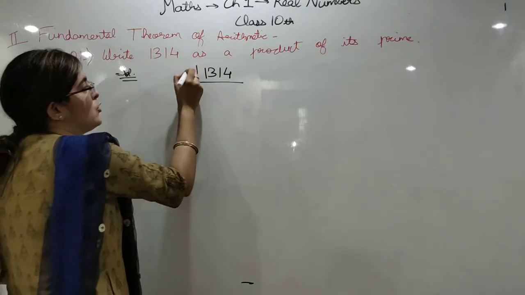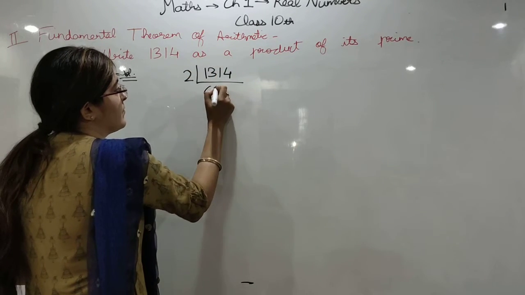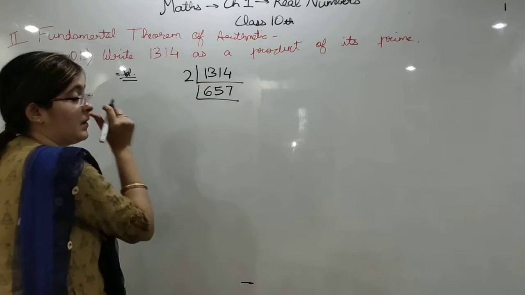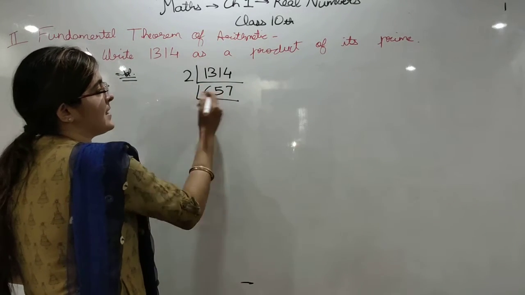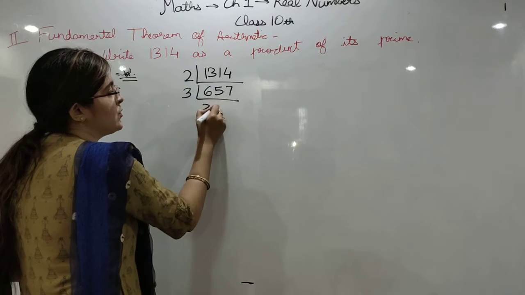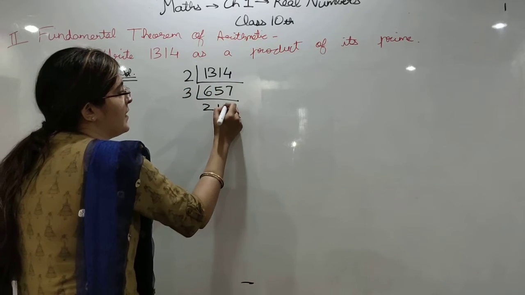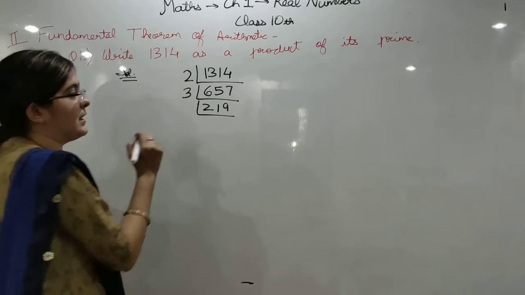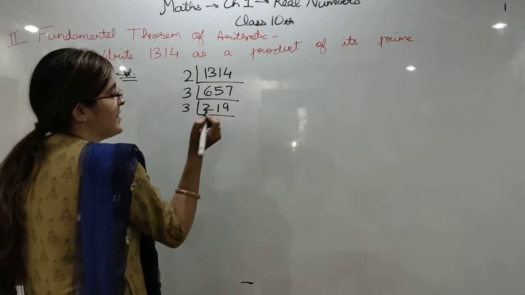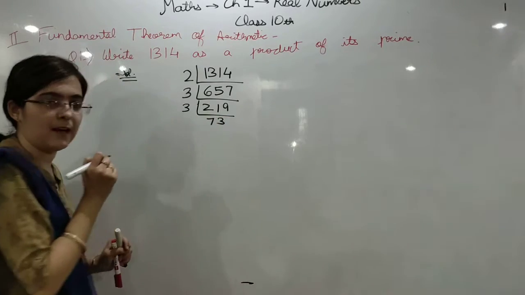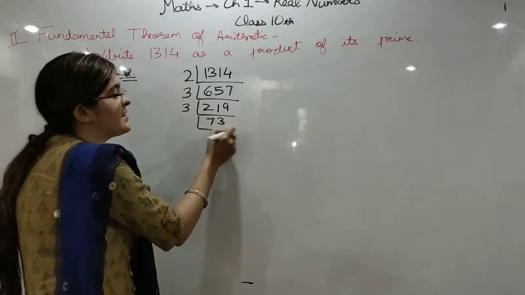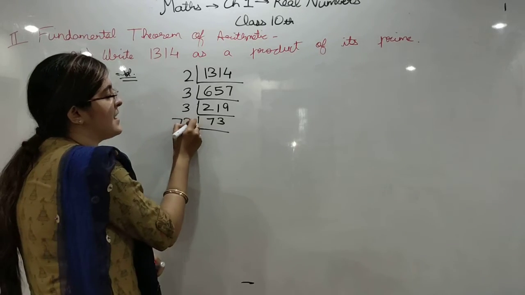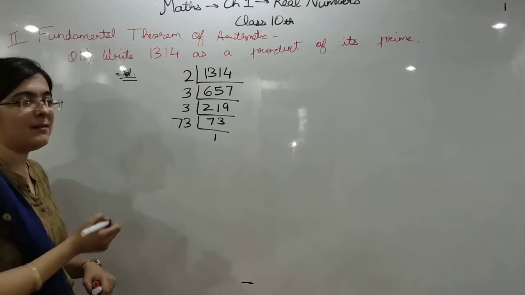Let's start from 2. Now it will go with 3. The sum is 18. 3 2s are 6, 3 3s are 9. Now again it will go with 3. 3 7s are 21, 3 3s are 9. Now 73 is itself a prime number.